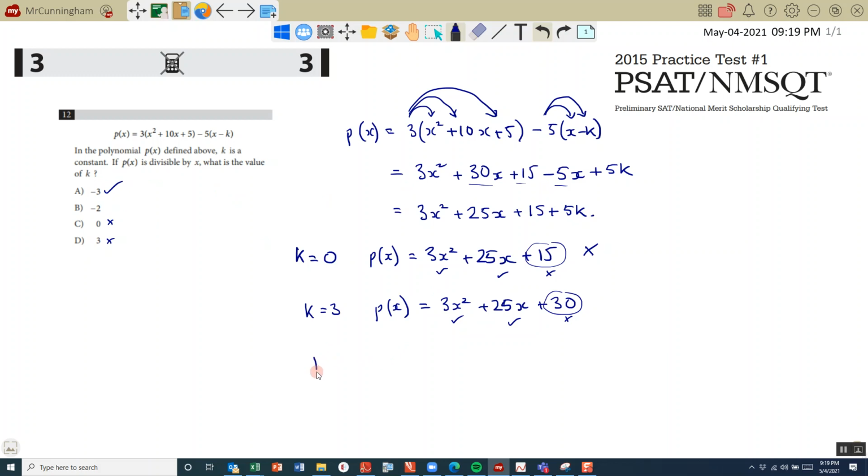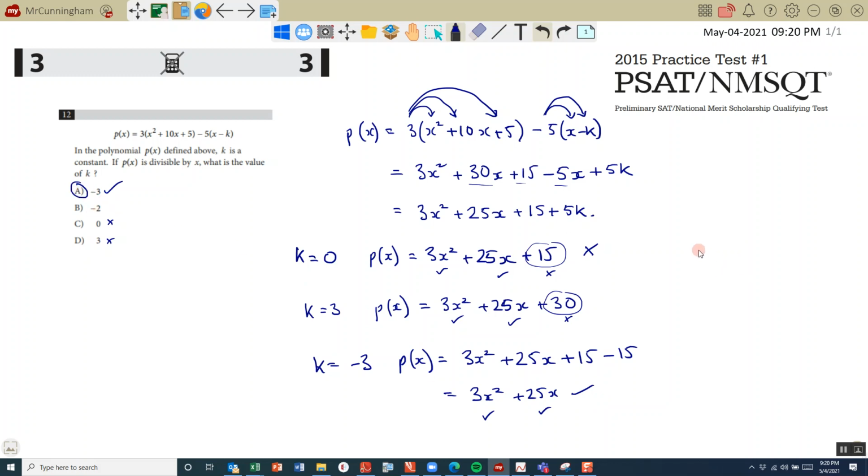If I try k is equal to negative 3, my polynomial becomes 3x squared plus 25x plus 15, 5 times negative 3, it's negative 15. 15 take away 15 is 0. So this is divisible by x, this is divisible by x, there's no constant, so the whole thing is divisible by x. So this would have to be my answer.